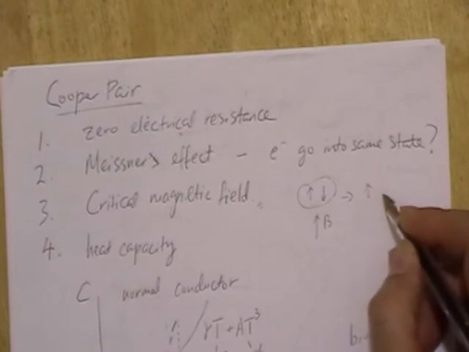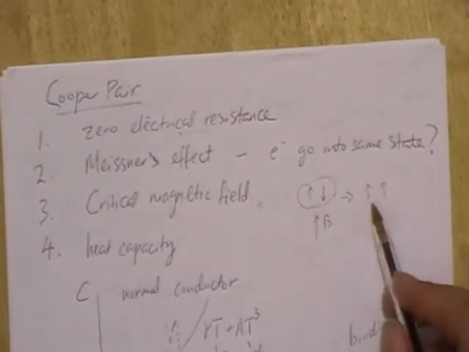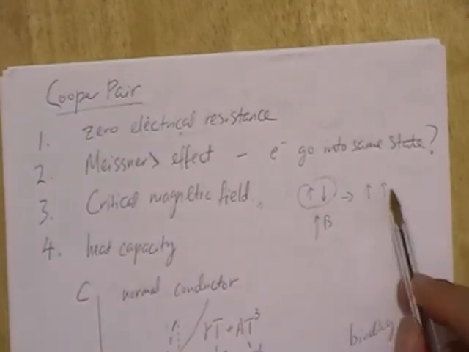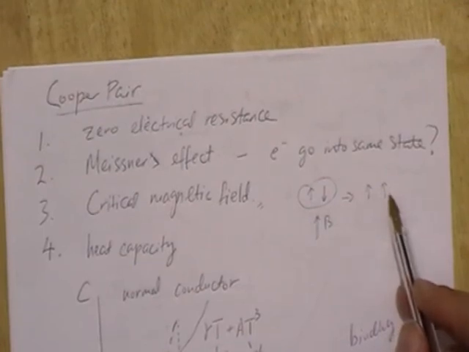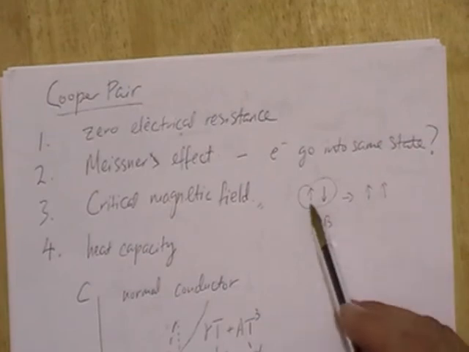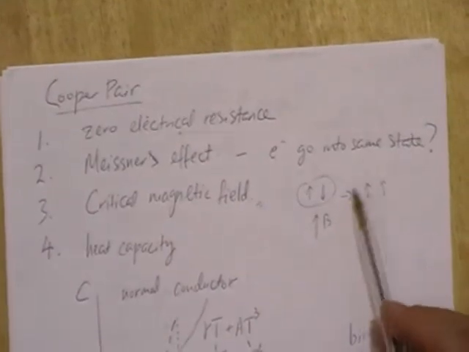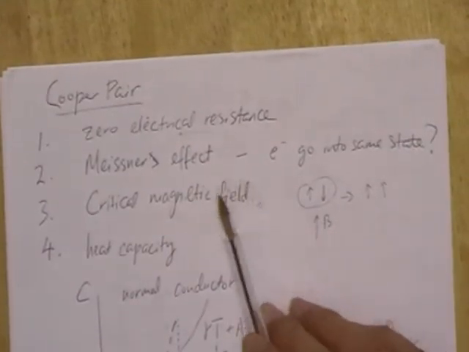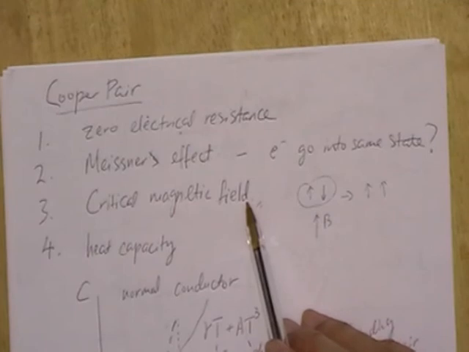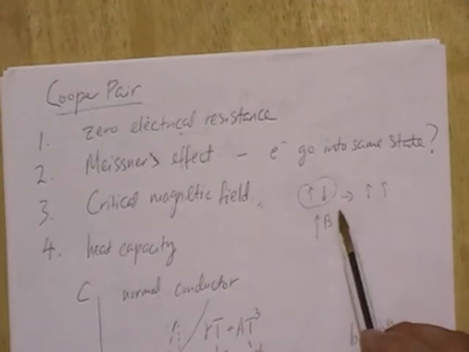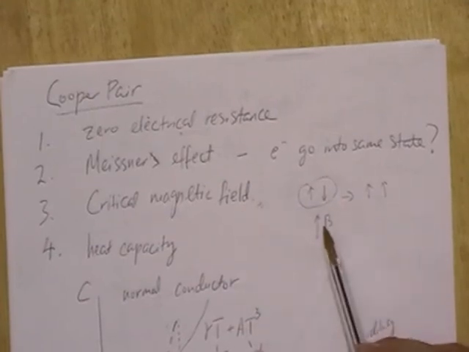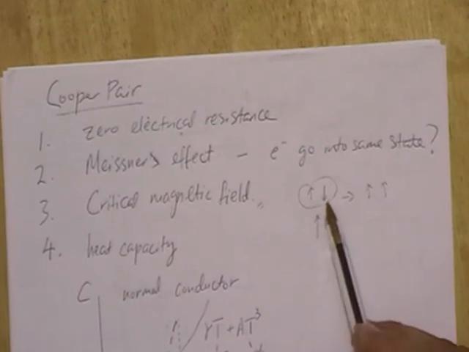So this becomes like that and like that. But if this happens, then the two electrons can no longer be in the same state, and therefore the Cooper pair would be broken up. So this explains why, when the magnetic field is big enough, it stops being superconducting. The reason is simply that the field breaks up the Cooper pair.